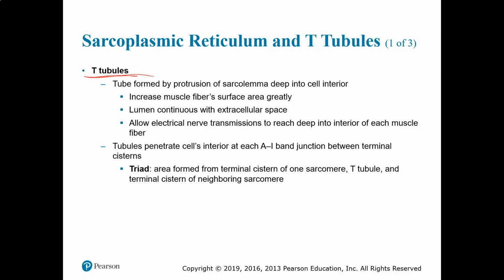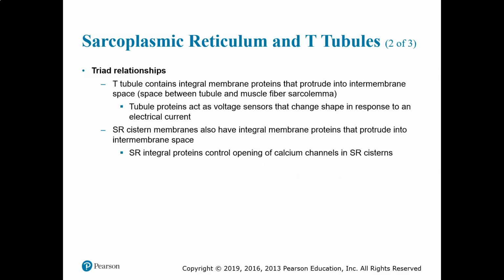A triad is composed of the terminal cistern of one sarcomere, the T-tubule in the middle, and then the terminal cistern of a neighboring sarcomere. So it's a triad because it's two terminal cisternae and one T-tubule.